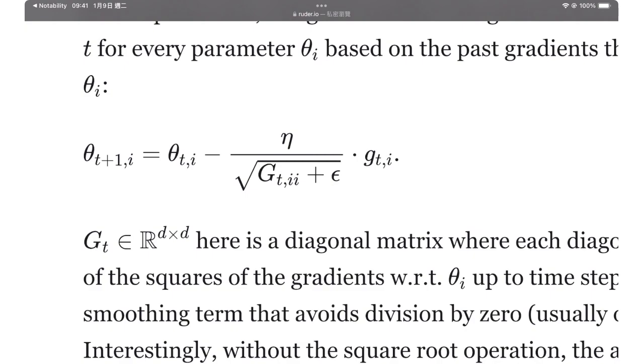The G t i i, okay, that is a little bit complex, but it means every time when you perform gradient descent, we imagine that at the first place, the learning rate should be large, so that you can search a very large area to figure out where is the lowest MSE value.